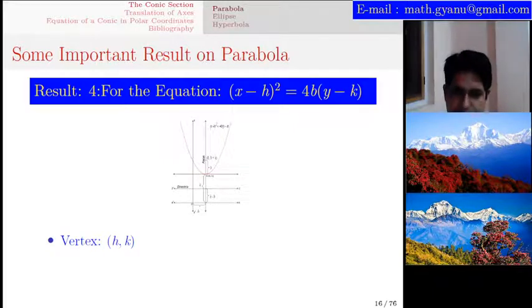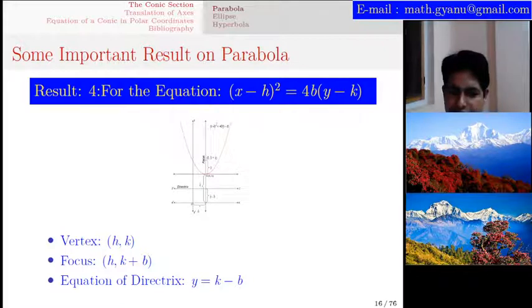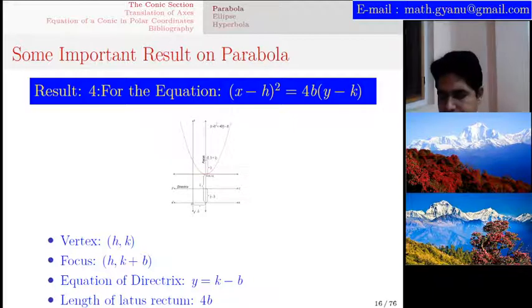In this case the vertex will be (s, k), the focus will be (s, k plus b), the equation of the directrix is y equal to k minus b, and the length of the latus rectum will be 4 times b. I strongly recommend you remember all these 4 results from the examination point of view.